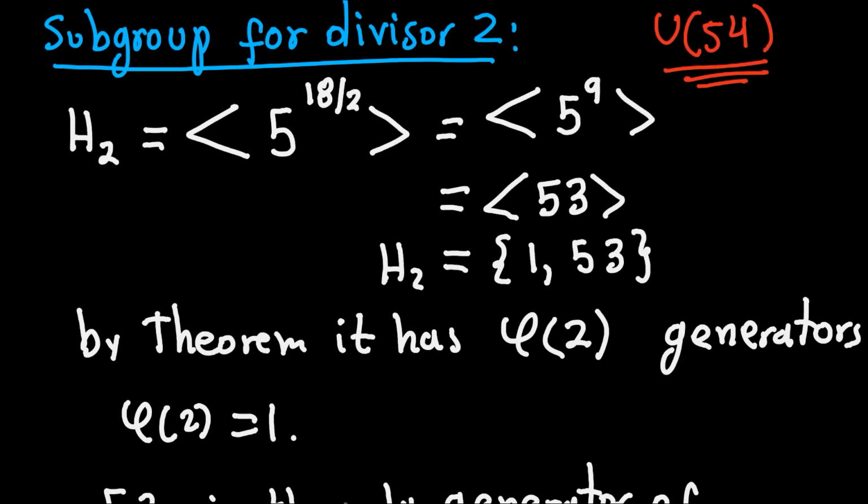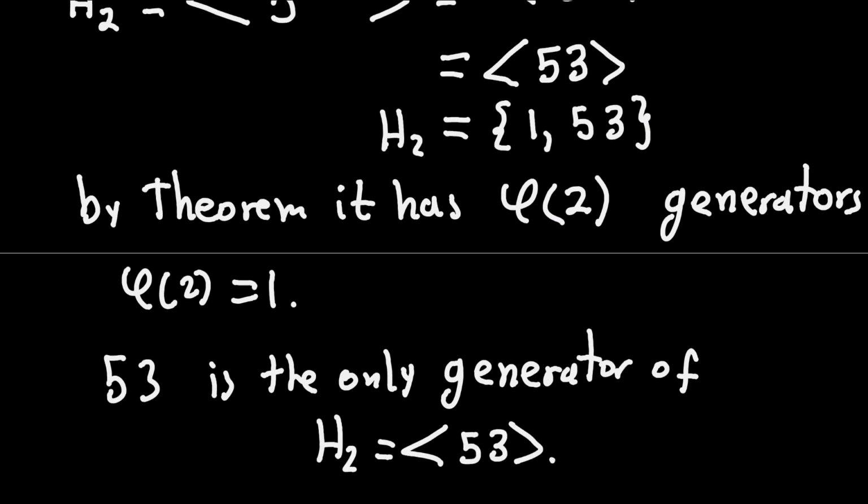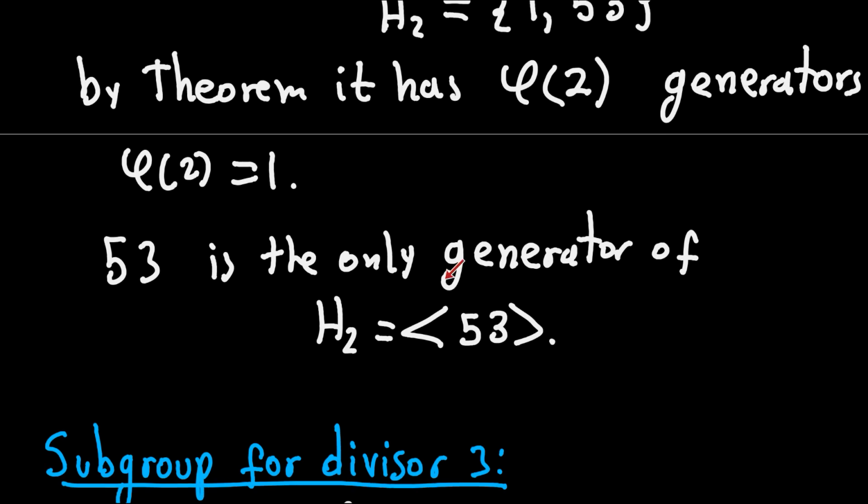Now, by theorem, this is going to have phi of 2 generators because it's the number of elements of order 2 that we have here. That's why I'm using the remark: the number of generators of this group is the number of elements of order D. So D here is 2, so it's phi of 2 generators. Phi of 2 is 1, so we have only one generator, and of course that will be 53. So 53 is the only generator of H2.